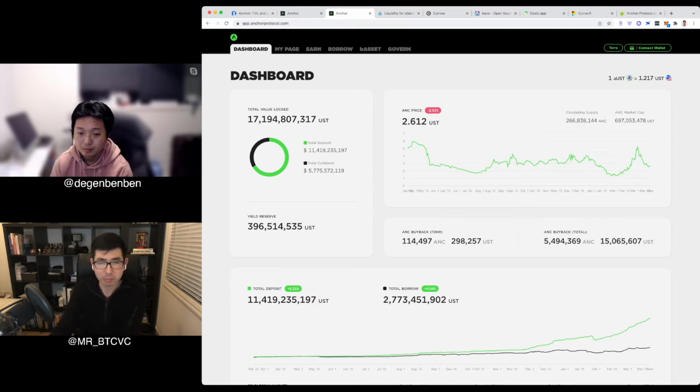The reason why I say these protocols with high TVL appear to be safer is because not only are they usually audited by reputable firms, but they've been such a big target for so long, and I know they have a huge bug bounty. So any hacker is very likely to claim their bug bounty rather than try to steal funds, because even if you steal a bunch of UST, there's only so much on-chain liquidity that you can have.